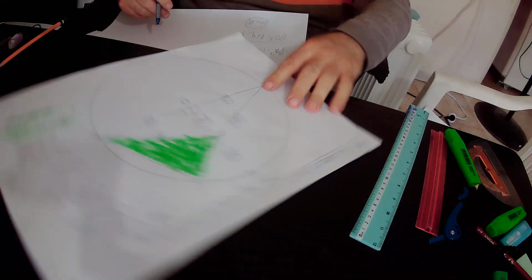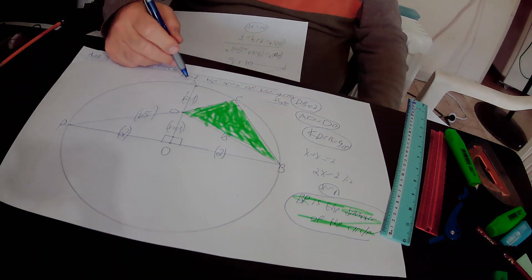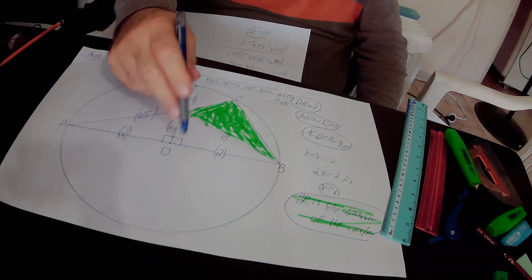In the next step, we extend the radius AO of this circle by straight line until it touches the circle.